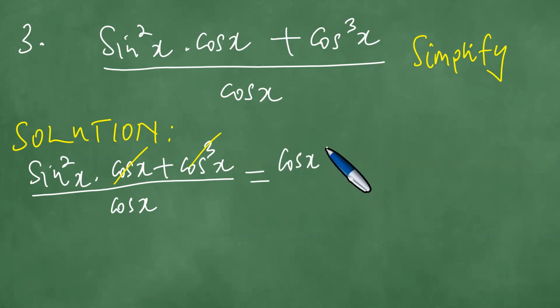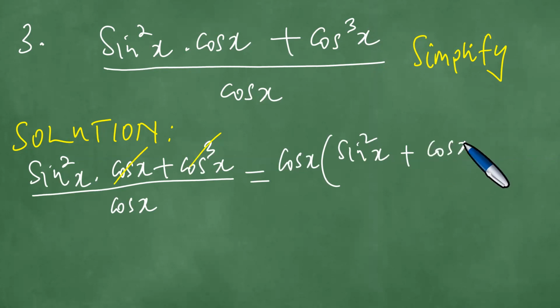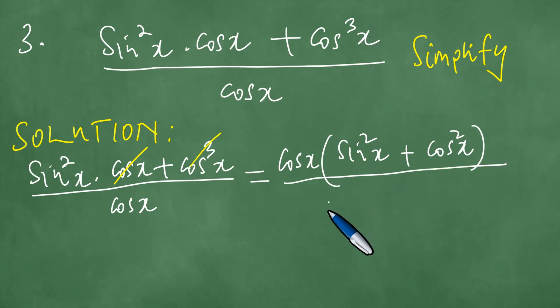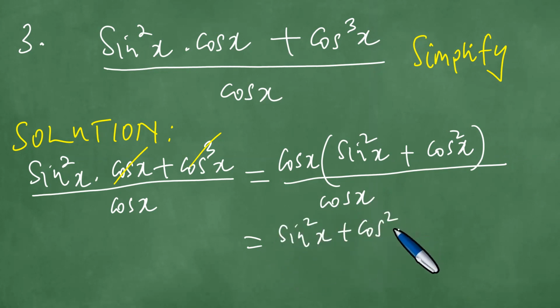If you factor out cosine x, you are left with sine squared of x plus, from the cosine cubed, cosine squared of x. You divide the whole thing by cosine x, and you have sine squared plus cosine squared.